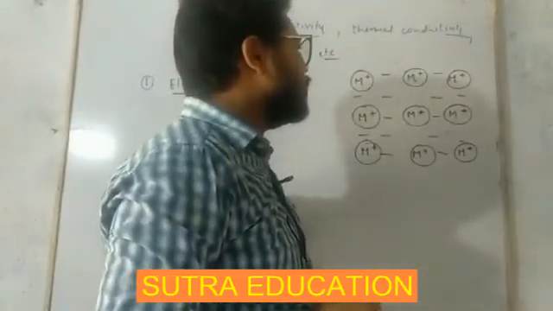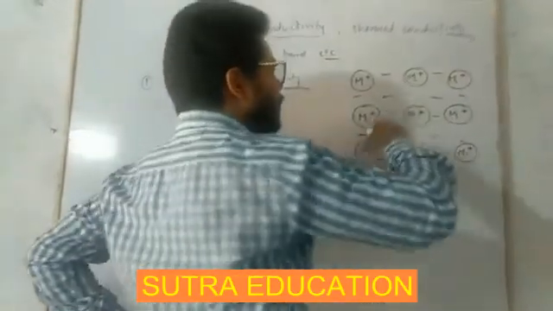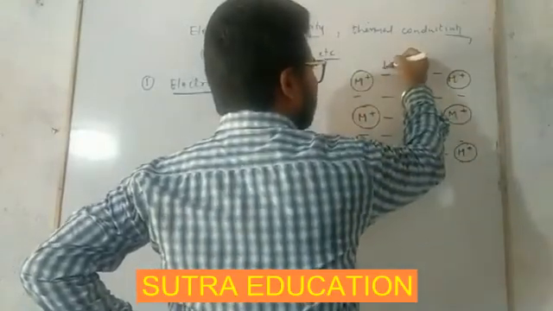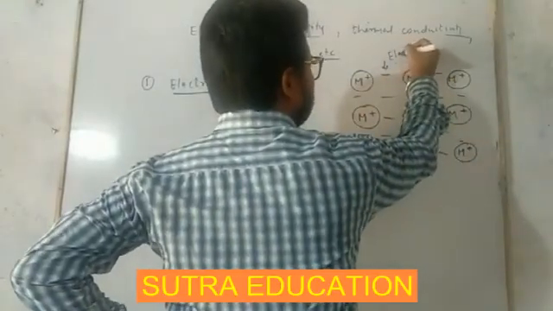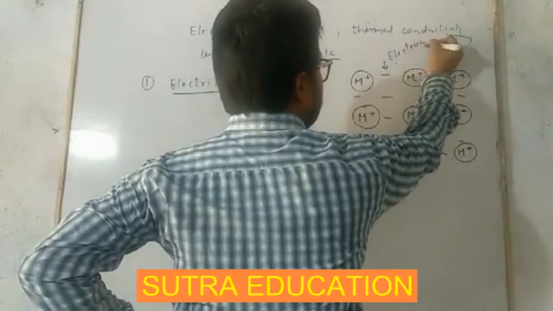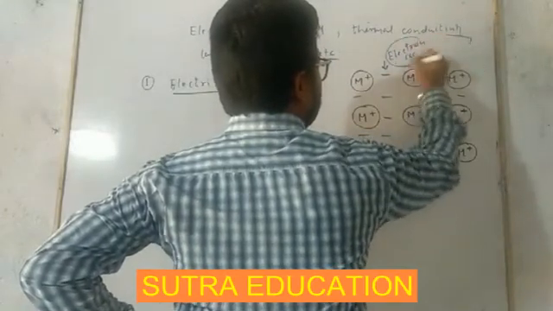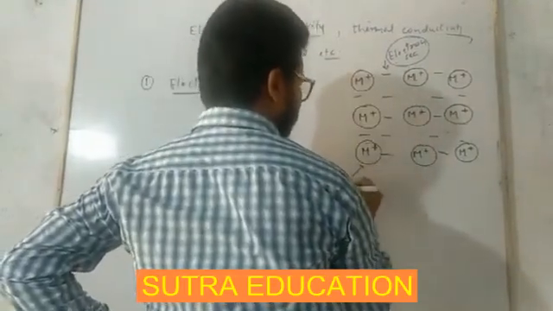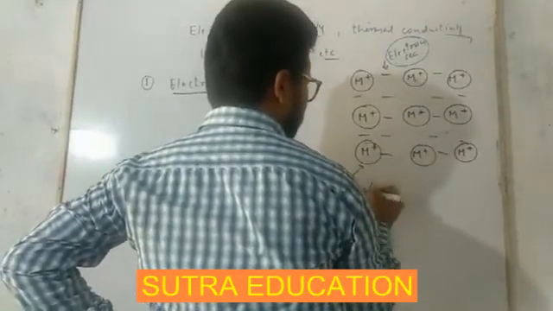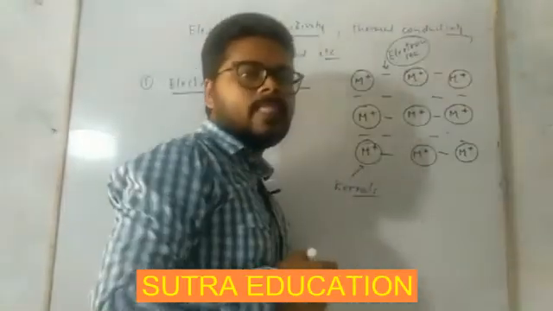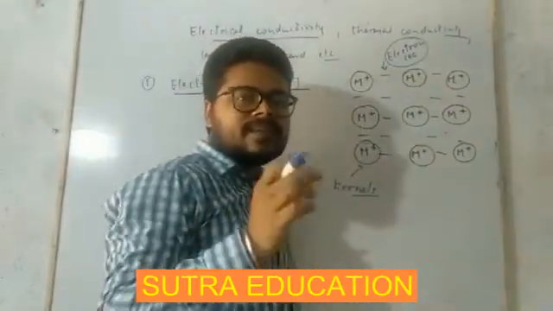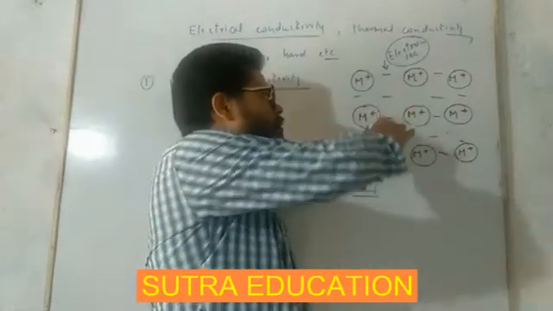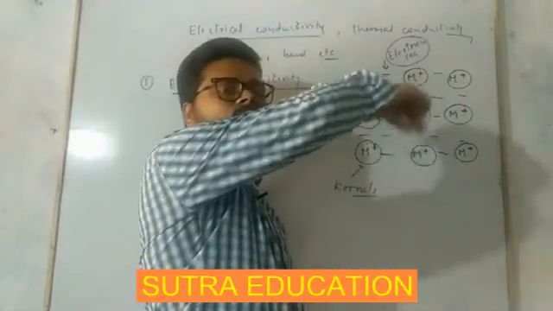Now you can see all these electrons present in bulk, so these are electron sea, and these are kernels. And I told you kernels are generally fixed, and these electrons in the sea are always moving.